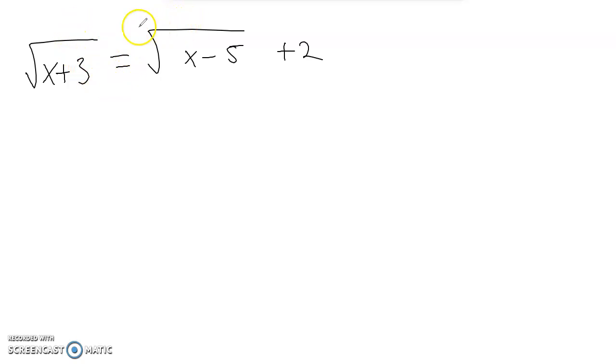Whether I put the plus 2 on this side or move it over here, it doesn't matter. So I'm just going to start squaring it. So my second step now.